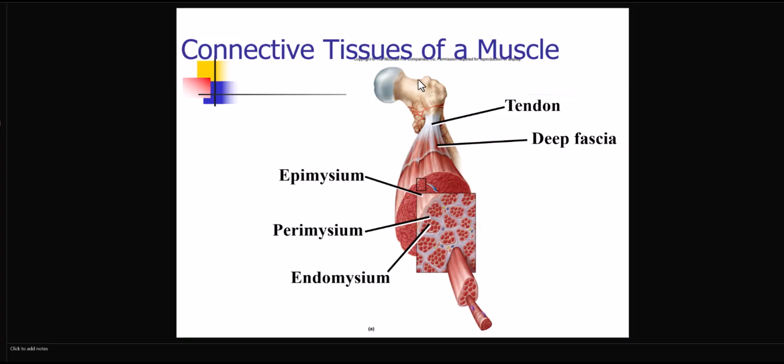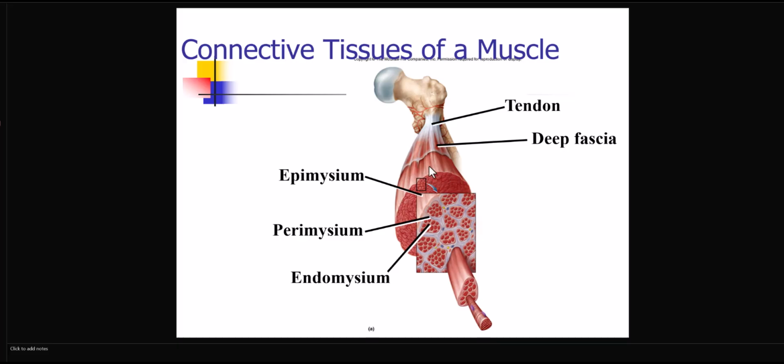Then if I took some compact bone, I know I would see osteons and canaliculi and lamellae and central canals. As I look at this, I see a tendon. A tendon, remember, is dense regular connective tissue. And that tendon is connected from the bone to a muscle. So we see this is a muscle.